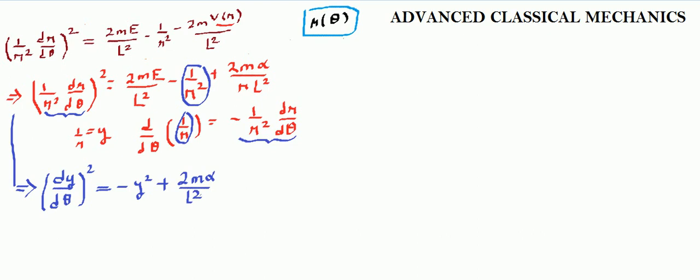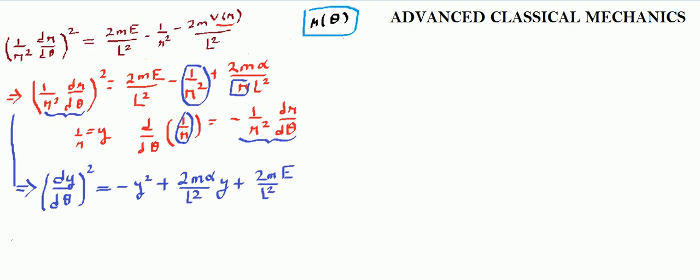There is a 1 by r, so put the y here. Remember this 1 by r is y. And then finally we'll have the final term, 2mE divided by L square.